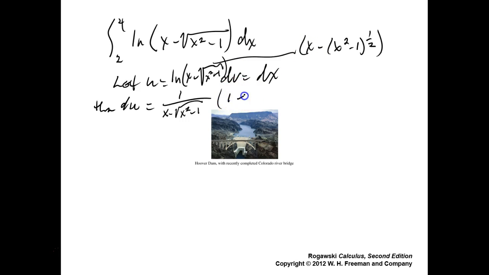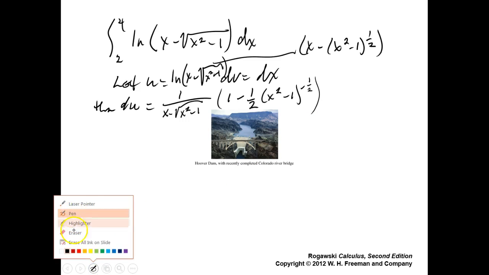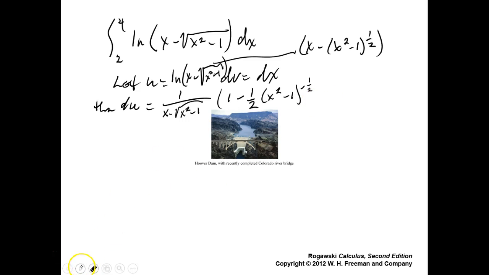Minus 1/2 times x squared minus 1 to the negative 1/2, right? And then you've got one more thing to do. Chain rule one more time. You've got the chain rule of what's inside that. So it's going to be 2x. Right?